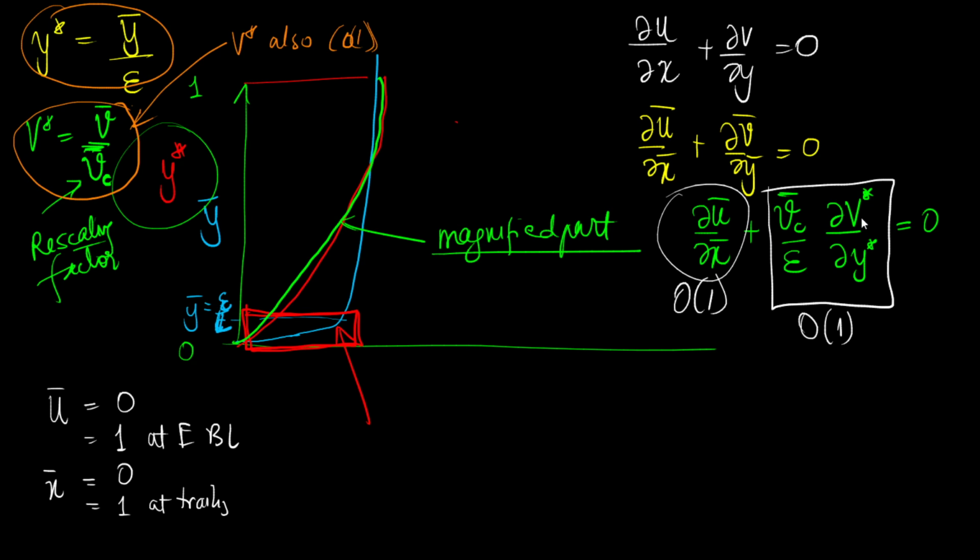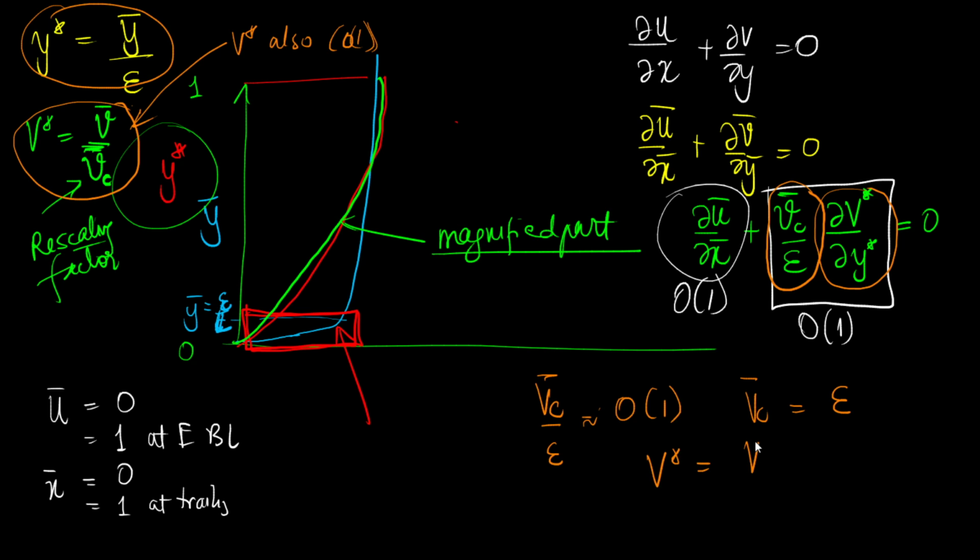So v star is order 1, so this entire thing becomes order 1. Hence, this entire thing has to also become order 1. So Vc bar upon epsilon is also order 1. So Vc bar can be chosen to be epsilon. If Vc bar is chosen to be epsilon, then v star will be equal to v bar upon epsilon.